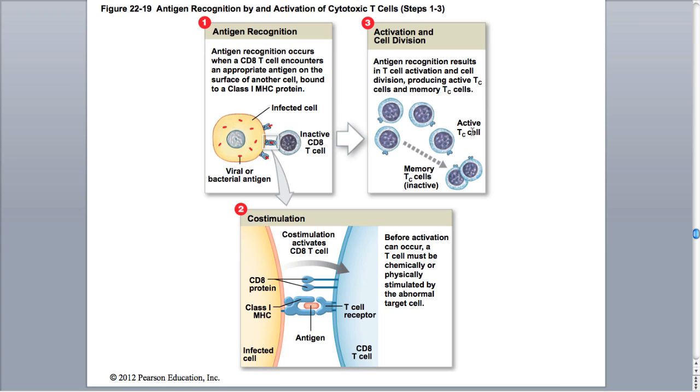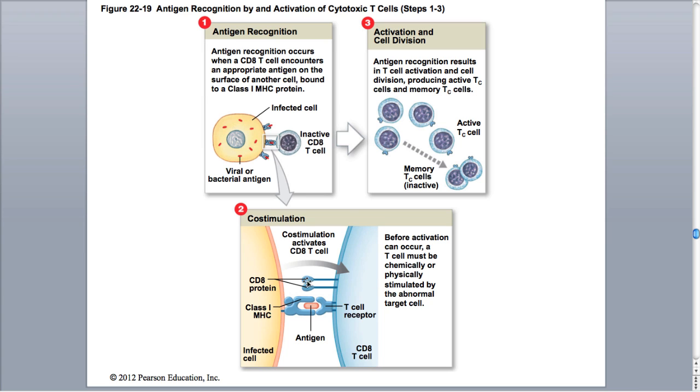I have the active version and a memory. Why memory? Because next time I come down with that same exact germ, I am ready to go. I don't have to be delayed. And what will this cytotoxic T cell do? It's going to kill that germ, whatever that germ is. It's going to kill it.